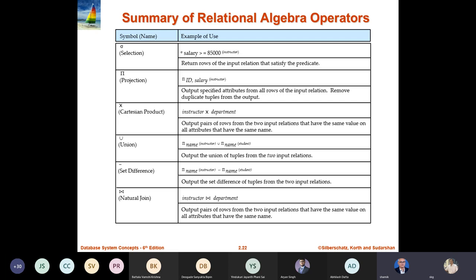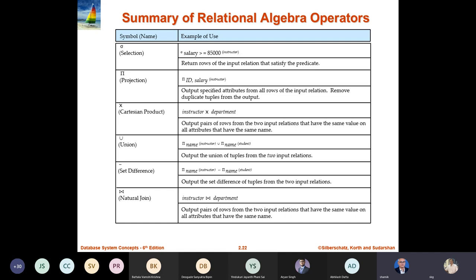So in case of selection, all columns but a set of tuples; in case of project, a set of columns but all tuples. It outputs the specified attributes from all rows in the input relation and removes duplicate tuples from the output. That is obvious, because it follows the set theory concept.